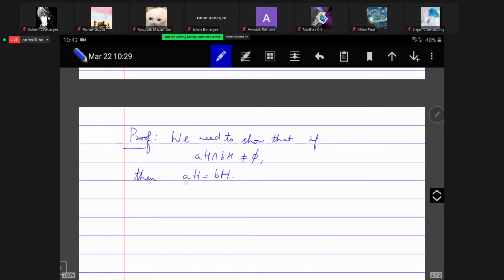But what does this mean? AH is equal to BH means the following: that every element of AH can be... So what does this mean? This is equal to saying two things.